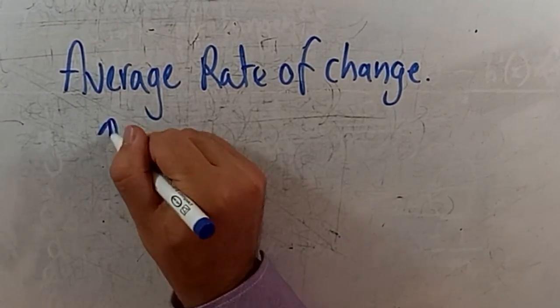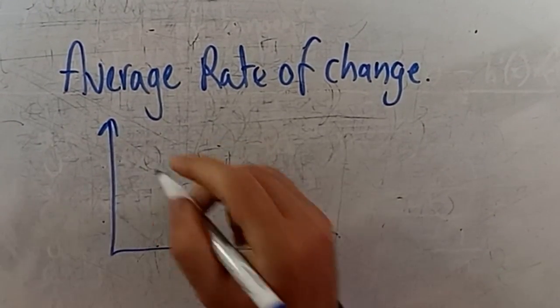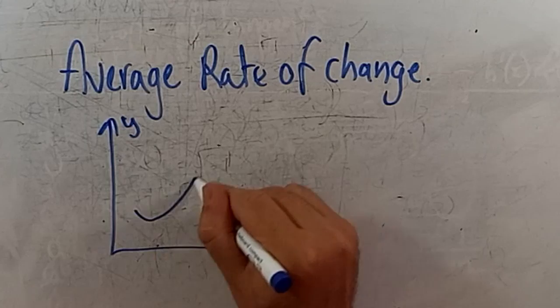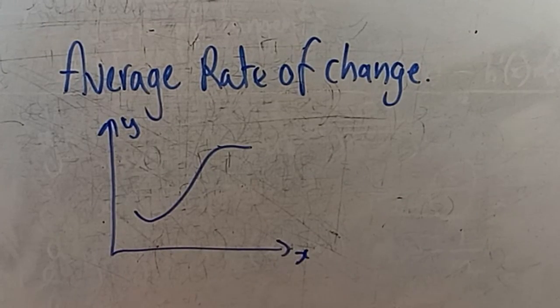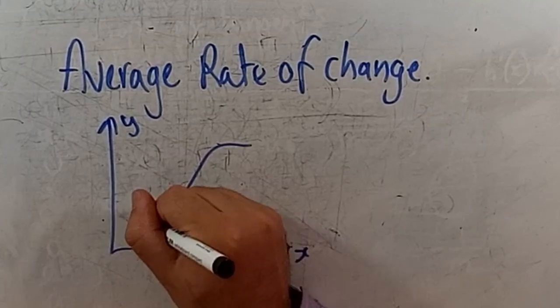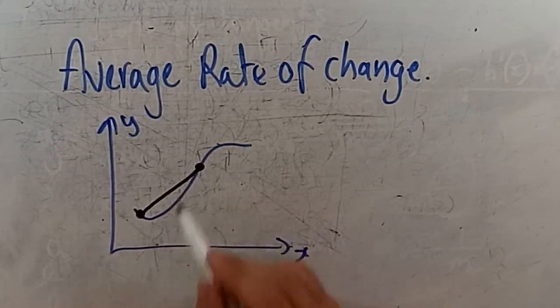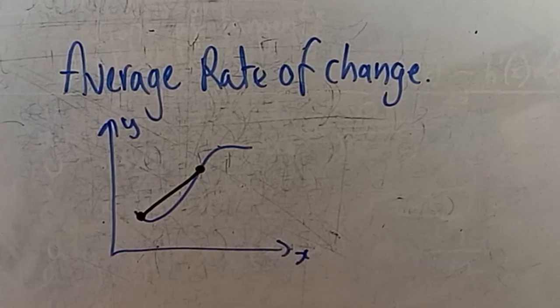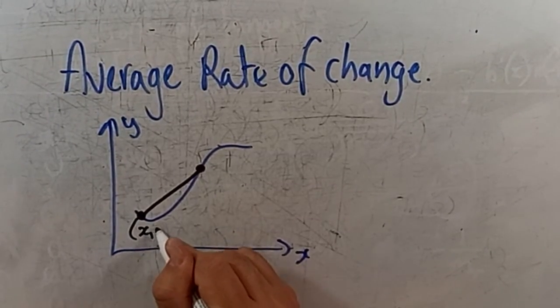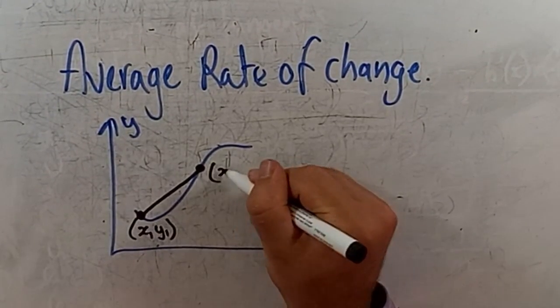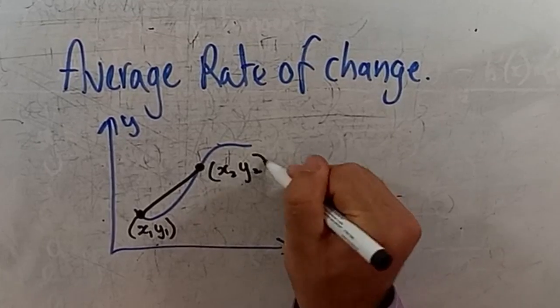So if you have some function of x, y, and you're asked to find the average rate of change between when x equals this and x equals this, we just want the gradient of the line that joins those 2 points together. So this is x1, y1, x2, y2.